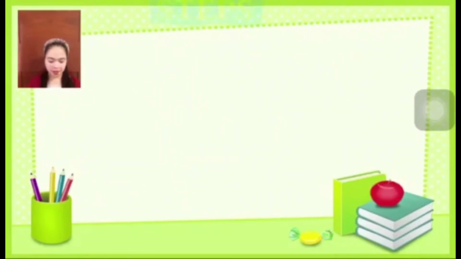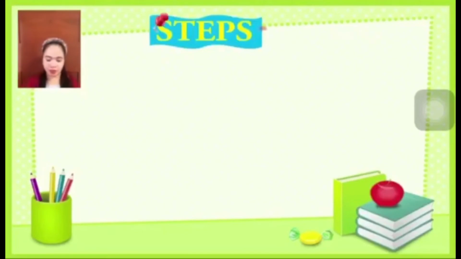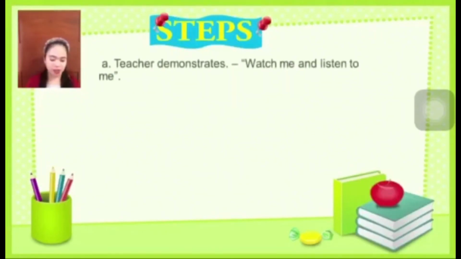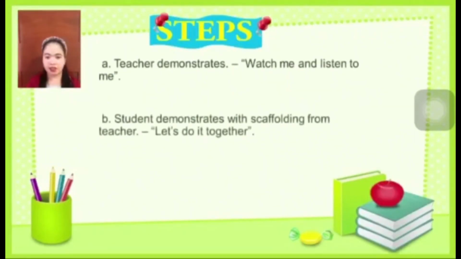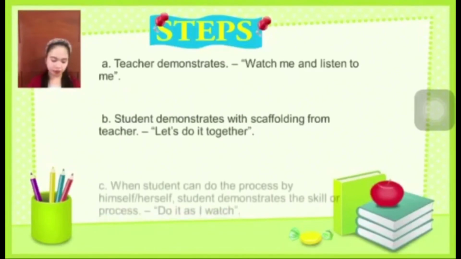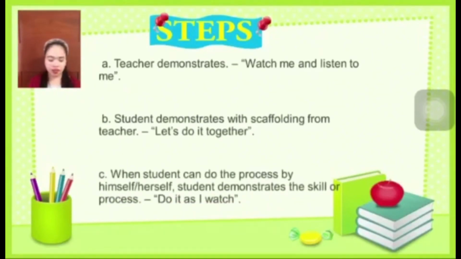The steps are: teacher demonstrates, "watch me and listen to me." Students demonstrate with scaffolding from the teacher, "let's do it together." When the student can do the process by himself or herself, students demonstrate the skill or process, "do it as I watch."